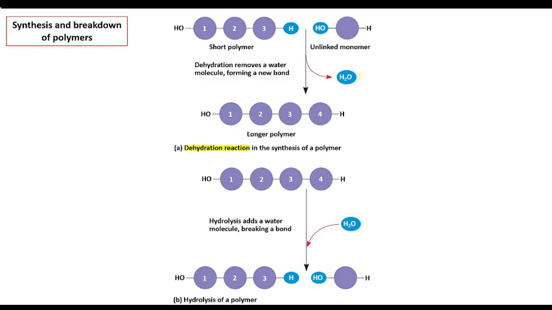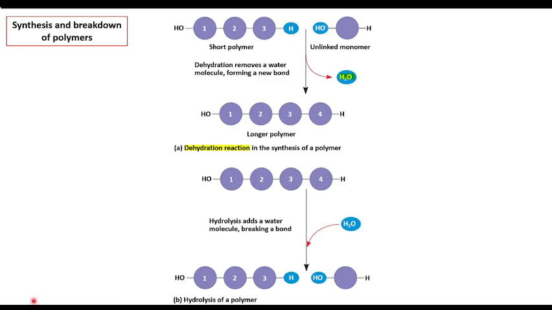A dehydration reaction simply removes water. In this case, you have this short polymer here, and then a building block or a monomer is going to be joined to this short polymer. For them to be joined together, water has to be removed.